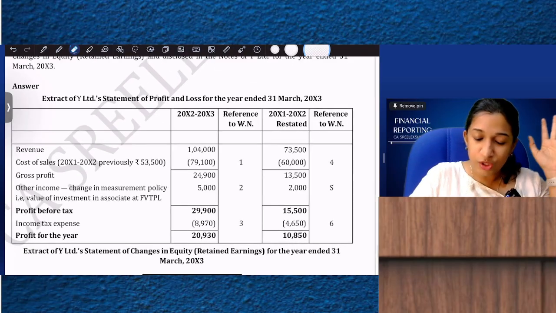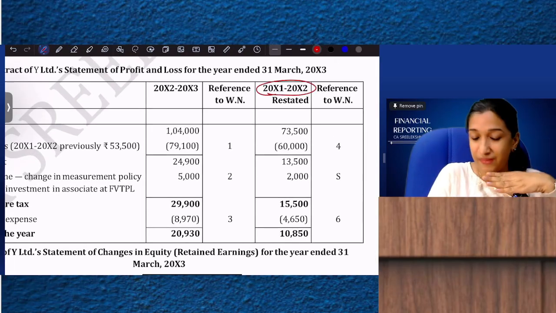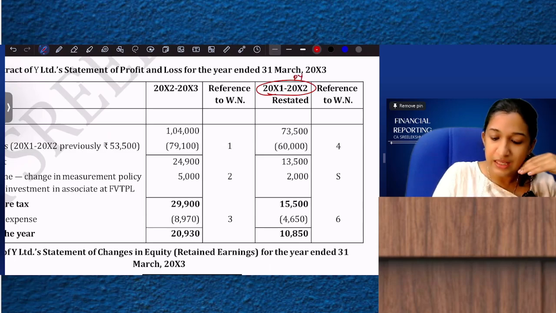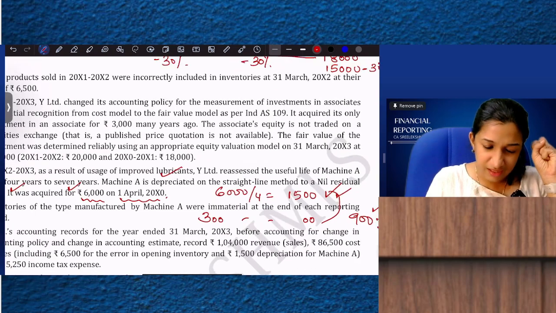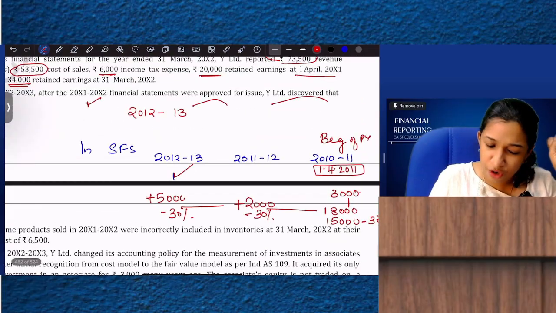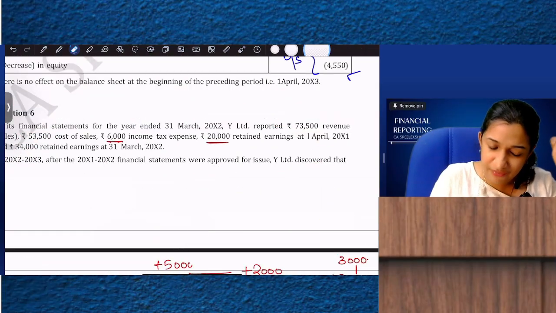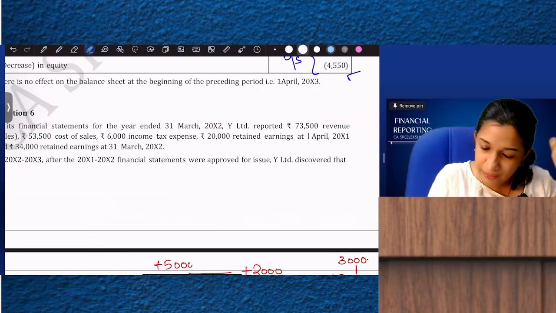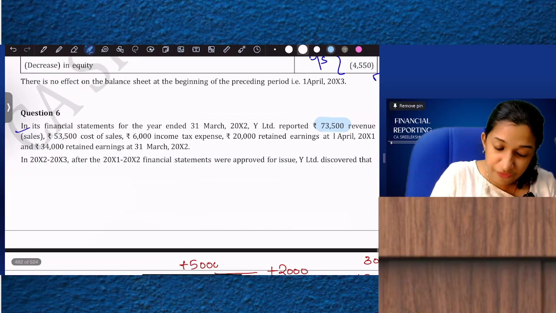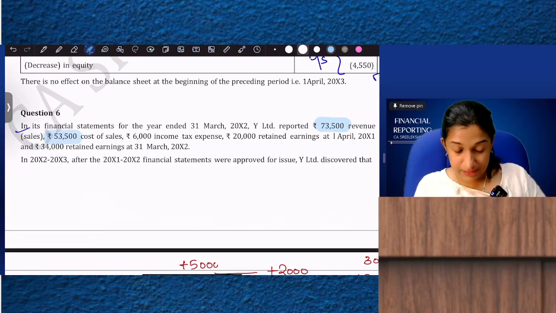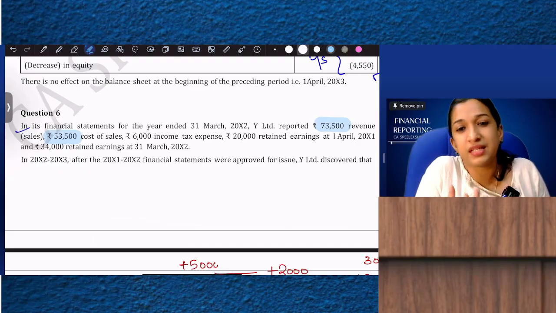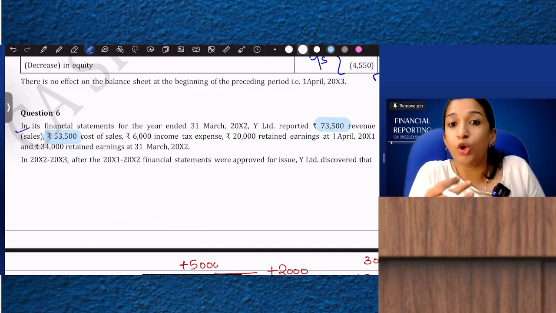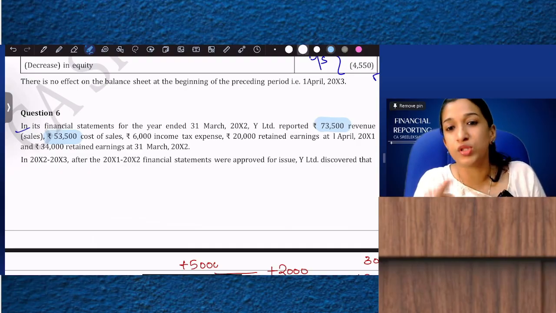So 2011-12 for the previous year. If you are with me, they have already given in the question that 73,500 was the profit, 53,500 cost of sales. But this 53,500 cost of sales includes 6,500 of closing stock, which is not there in closing stock anymore.